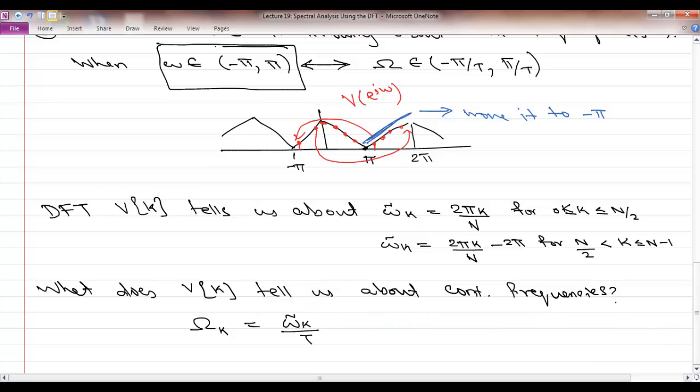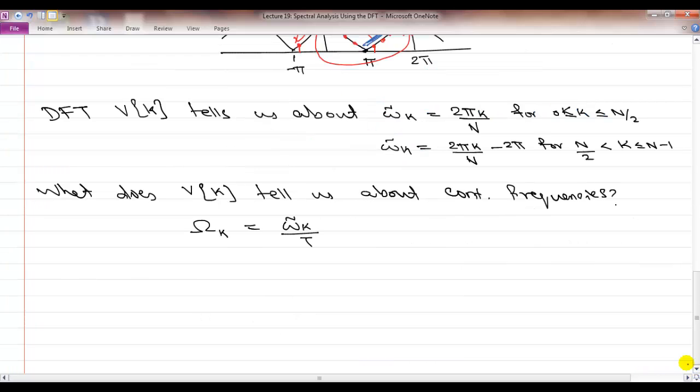So this means if you want to ask, V of k tells us something, and something is in brackets because it is not exactly equal to the frequency information because of all the imperfections that we have, especially the windowing.